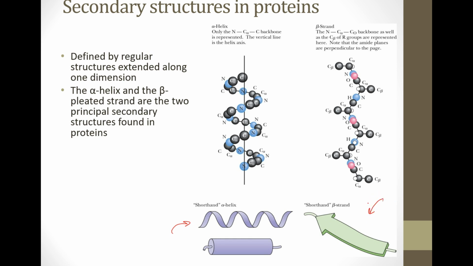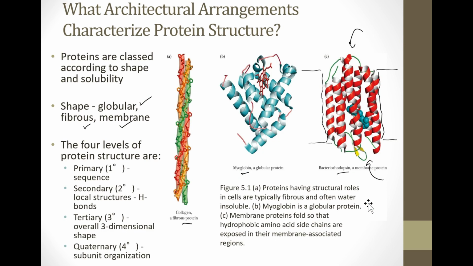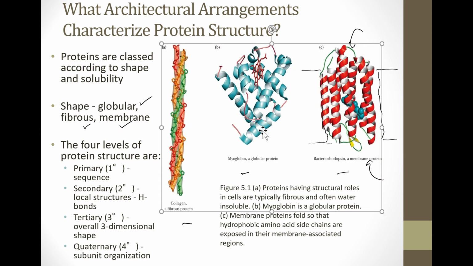And what you typically see as abbreviations for these when you're looking at proteins, let me jump up a few slides really fast. Like here you can see we have helical structures and more helical structures. And I'm not seeing any beta strands in these particular structures.